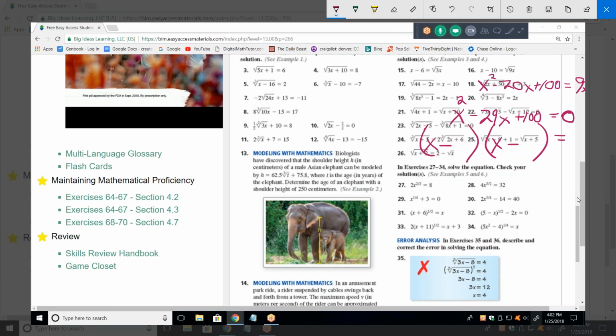It's what multiplies to 100 and adds to negative 29. Or just, it needs to add to 29. You don't need to concern yourself with that negative. We've already taken care of that negative with these two negatives here. So we're looking for factors of 100 that add to 29.